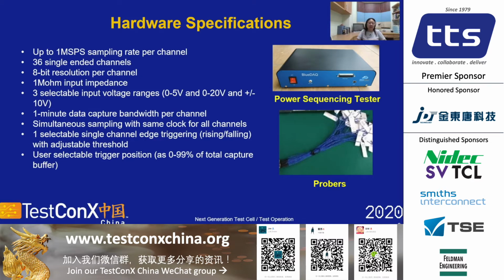And we can select one single channel for edge triggering, either rising or falling edge, with a flexible adjustable threshold voltage. User can also select the trigger position, from 0 to 99% of the total capture signal buffer.